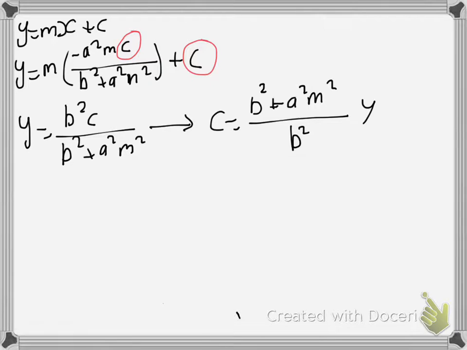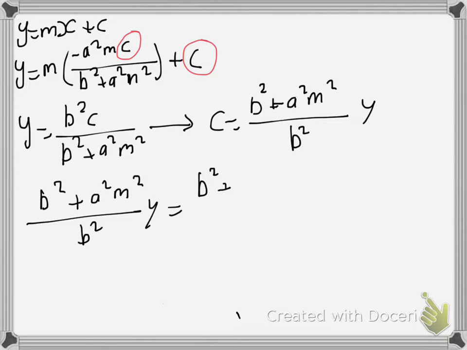And as we have the two values of c, which are obviously equal, you will have this equation: b squared y equals b squared plus a squared m squared over negative a squared m, times x.